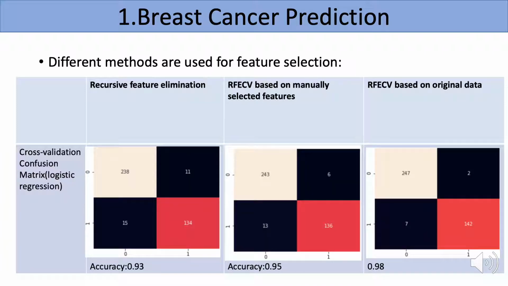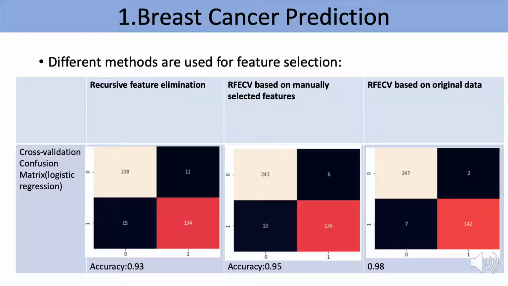And for the fourth method, recursive feature elimination, we also extract 5 features, and the accuracy is 0.93. We want to know how many features work best for the prediction, so we do a grid search.